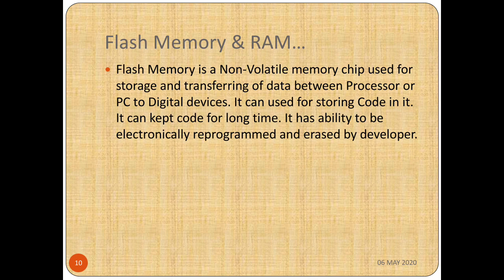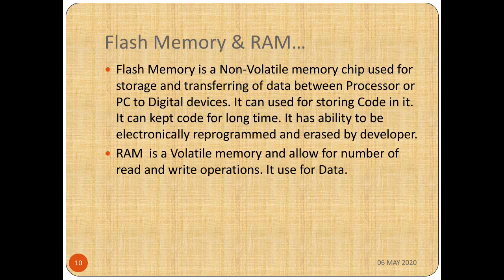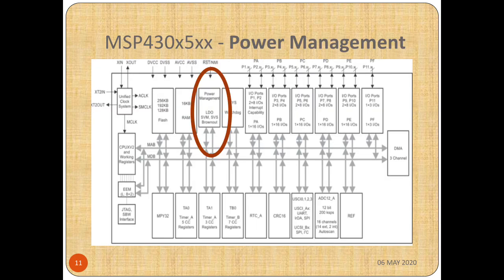But here in MSP430 we use the flash memory for the purpose of storing programs. And coming to RAM, random access memory, it allows multiple read operations and multiple write operations. It comes under volatile memory. That means the data will be erased when power is turned off. So here this is used for the purpose of data.